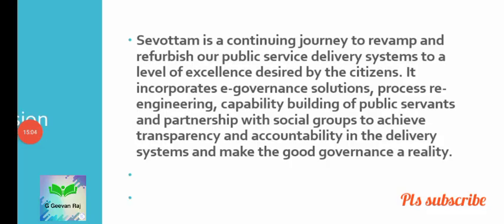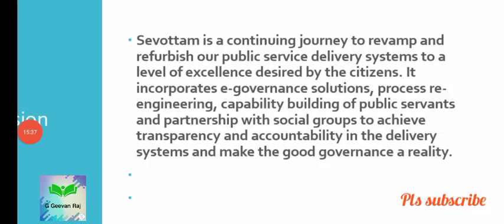And the Sevattom model also aims to partner with various social groups to achieve transparency and accountability in the public service delivery and make the concept of good governance a reality. So the ultimate aim of the Sevattom model is good governance.